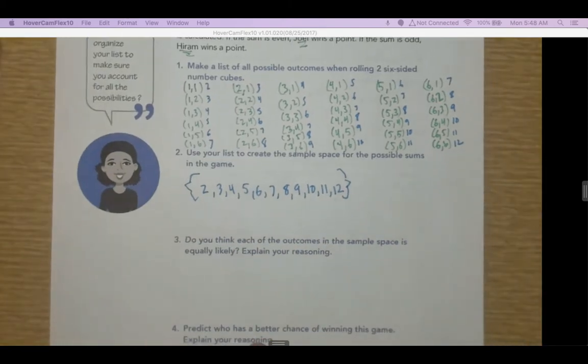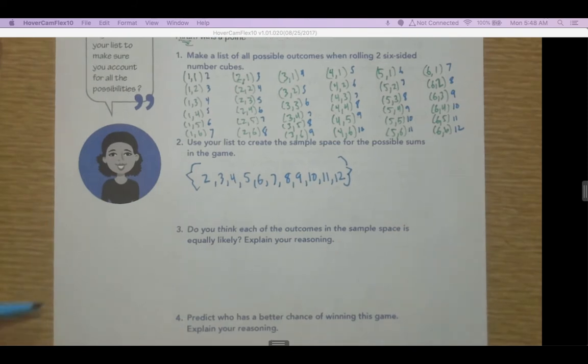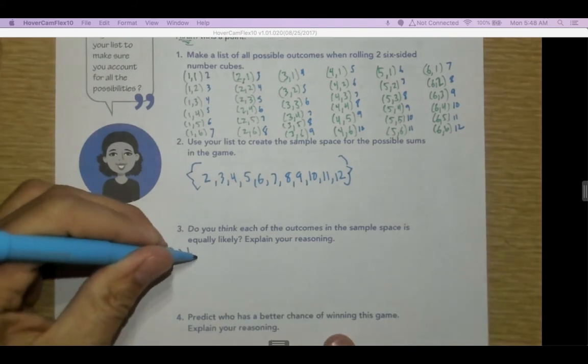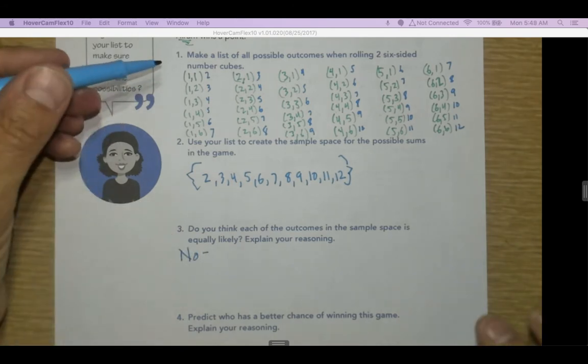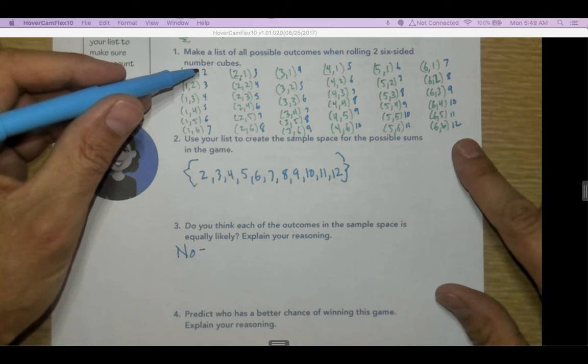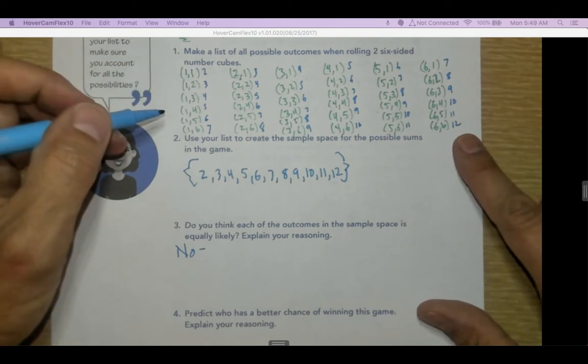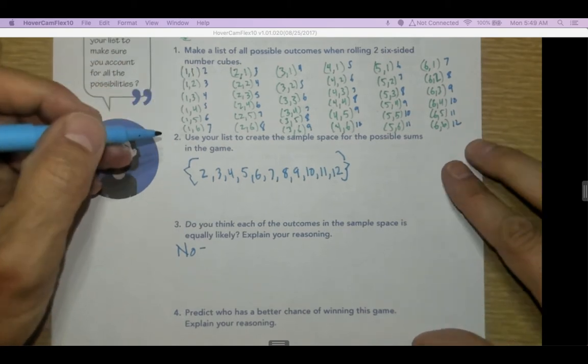Do you think each of the outcomes in the sample space is equally likely? Explain your reasoning. No. You see why? I can tell just by looking that there's only one 2 and only one 12.